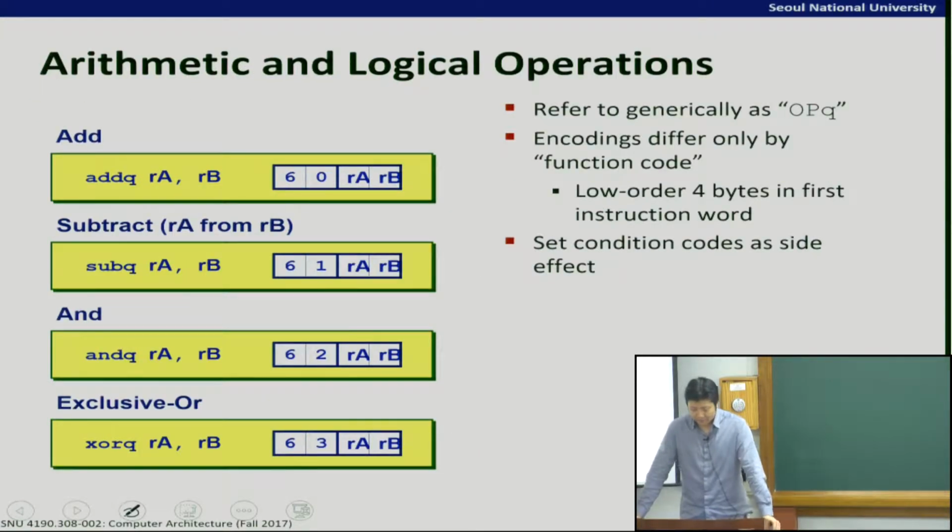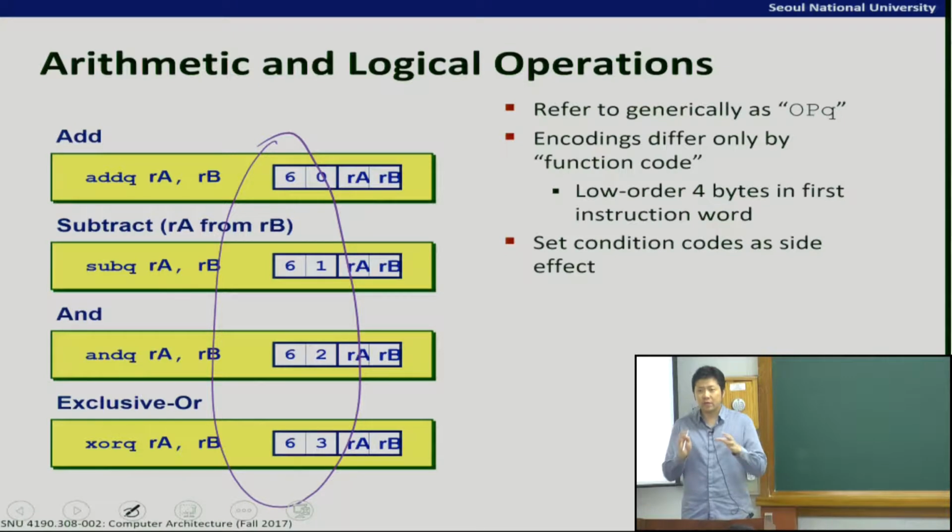You can expand this to different instructions like add, sub, and xor. They only differ in opcode because they have the same format. They all take 2 register operands, source and destination. If it's 60, it's addq; 61, subq; 62, andq; and 63, xorq.